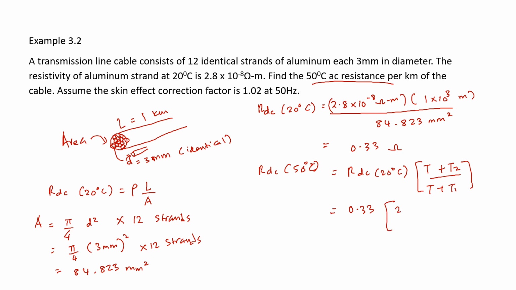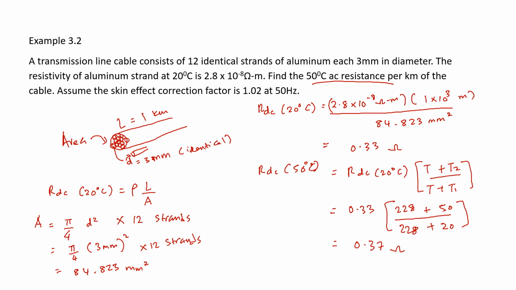The temperature constant is 228. T2 here is 50 degrees Celsius. Divide by 228 plus 20 degrees Celsius. So we get the DC resistance is 0.37 ohm, which is slightly higher compared to the DC resistance at 20 degrees Celsius.